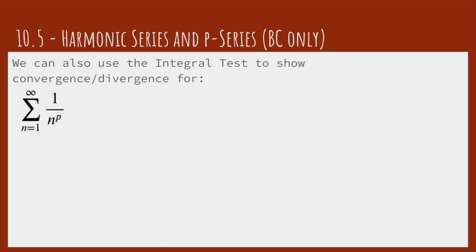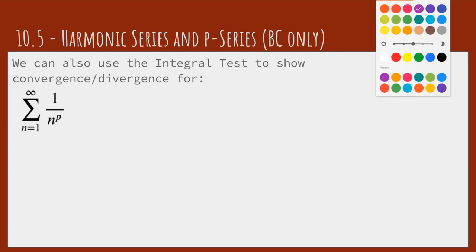So, as long as p is a positive number, if p were negative, if p is less than 0, this is the same thing as essentially n to some power that's positive, and these terms would not be approaching 0. So as long as p is greater than 0, the denominator is getting bigger, which means the terms are approaching 0, and the nth term test for divergence says, well, it could converge or it could diverge.